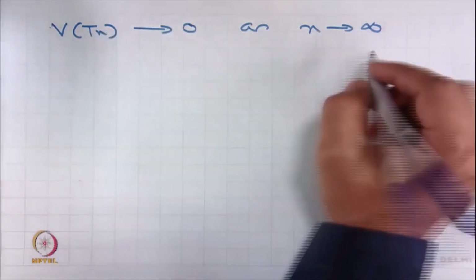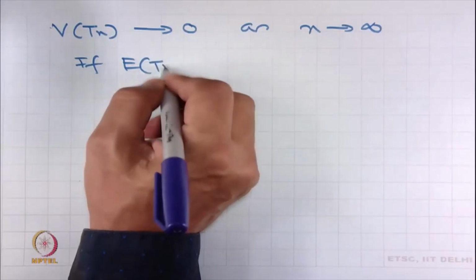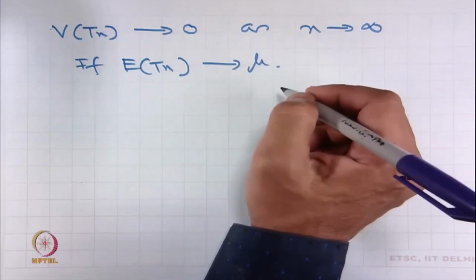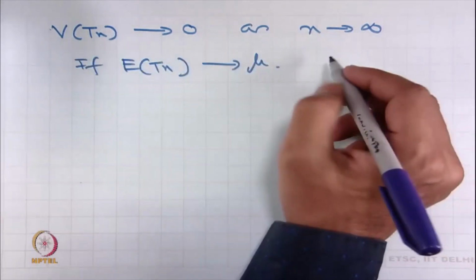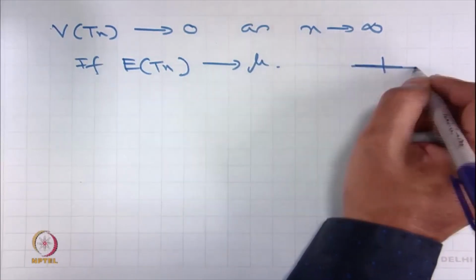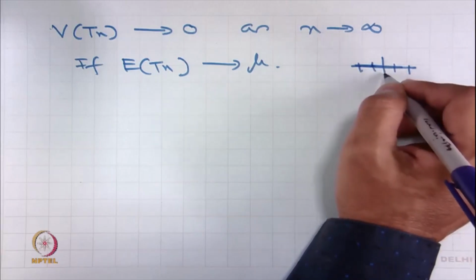So, if expected value of T n converges to mu, and variance of T n goes to 0, then we can say that it is coming within arbitrary closeness of the parameter mu.